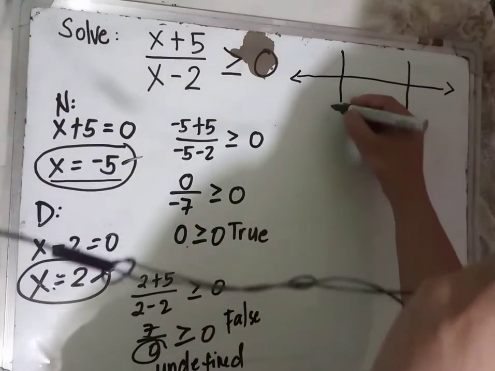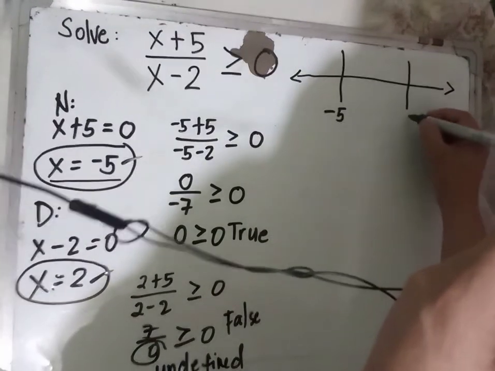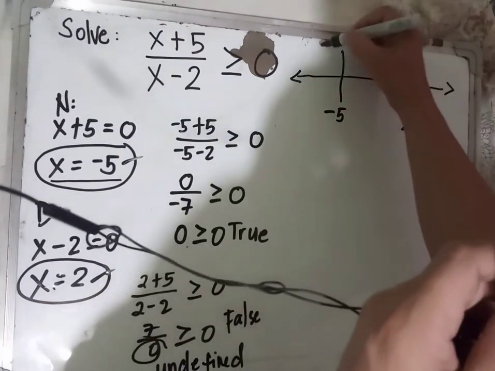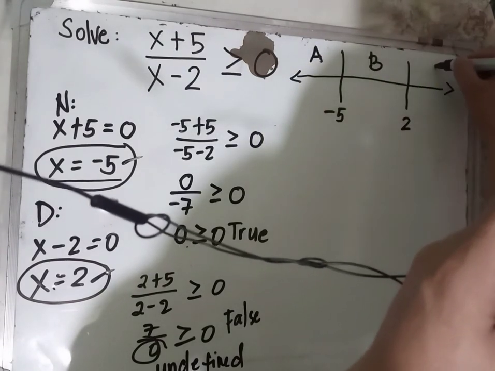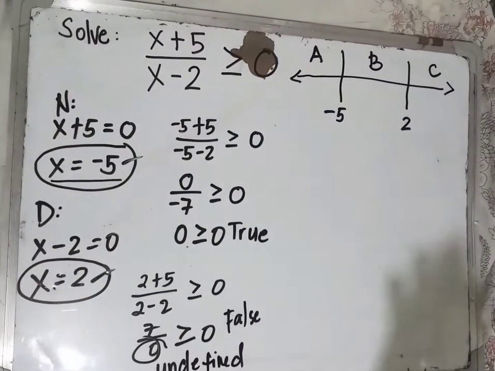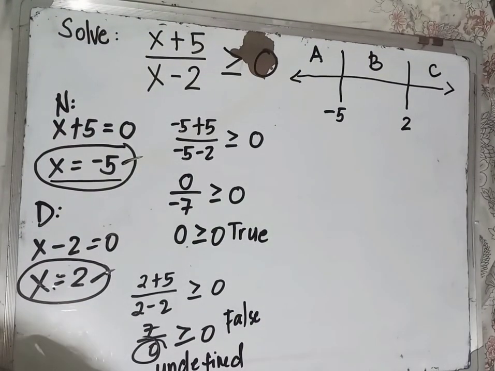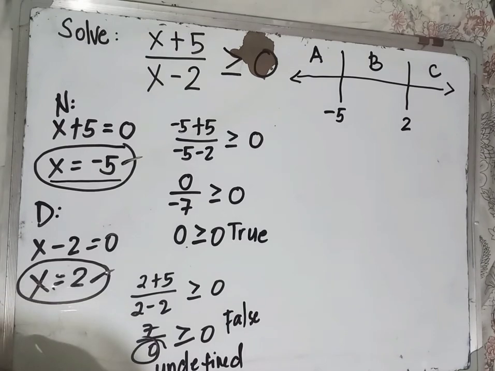That is negative 5, then positive 2. We will make this interval A, interval B, and interval C. Next, get a test value for interval A, B, and C.